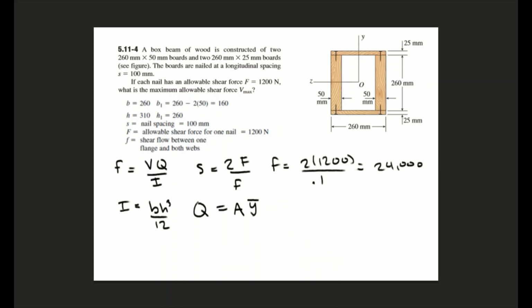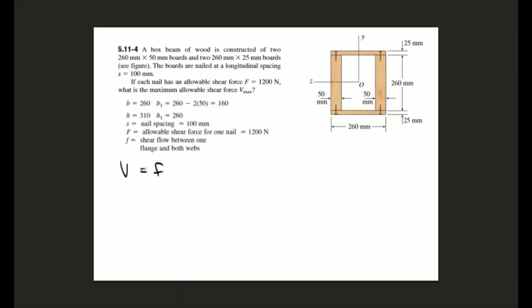Going back to the problem, we have all these values. We're going to start plugging into this original formula. We want to solve for shear, so shear is equal to that baby f times inertia over Q. I'm just going to create a new slide because it's starting to get a little messy here.